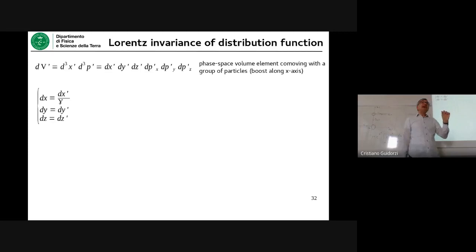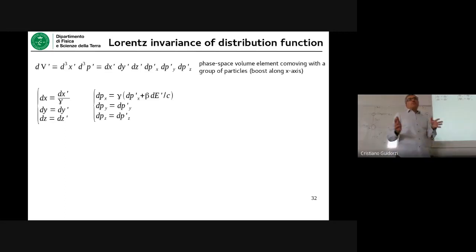So dx prime, which is the length of this kind of 6D box, is contracted by a factor of gamma. Lorentz contraction, just like that. What happens to the momentum? Well, again, the y and z components are unaffected for the very same reason. Remember that the momentum-energy vector is something which, again, transforms according to Lorentz transformation.